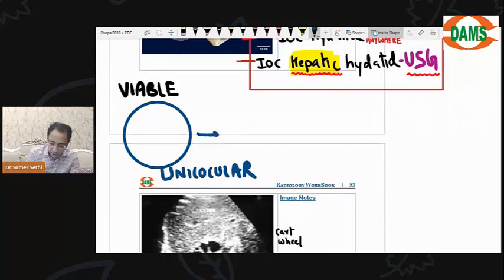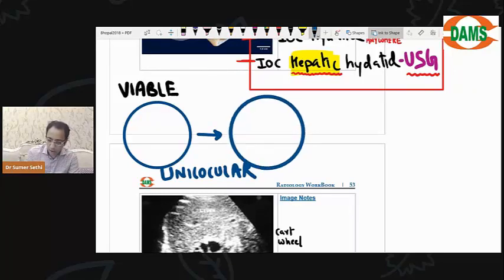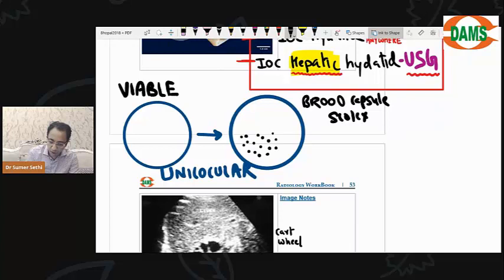Then what happens is the hydatid cyst has brood capsules and scolices. Have you heard of them? These brood capsules and scolices start floating in the fluid in the hydatid.